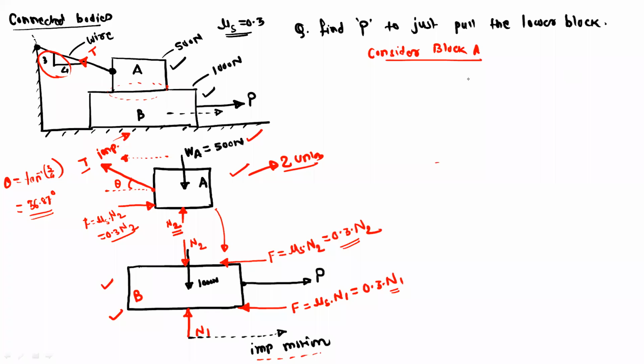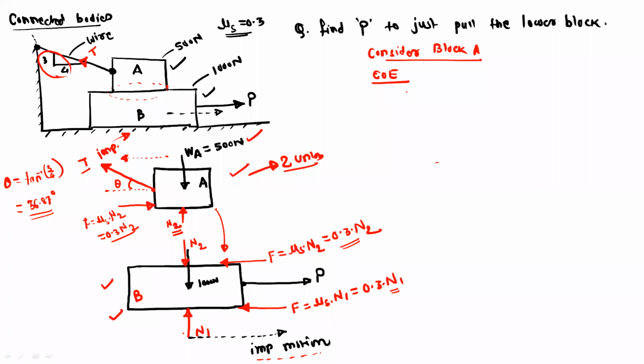In the free body diagram for block B, we have N2, N1 and force P as unknowns, so three unknowns. For this problem we only use two equations, summation Fx equals 0 and summation Fy equals 0. We cannot use summation of moment equals 0 because there is no tendency to rotate in this problem. Therefore, consider block A first.